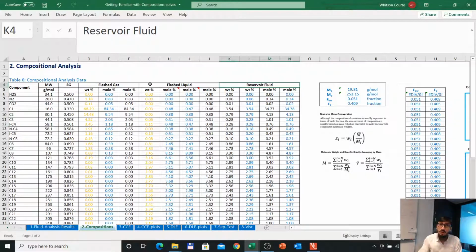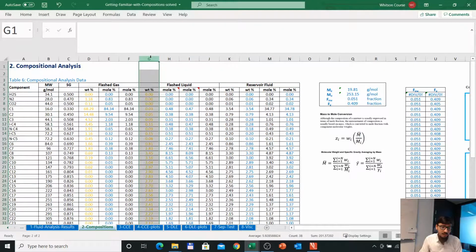through gas chromatography. For the flash liquids, they generally measure the mass fractions. For flash gas, they can measure either mole fractions or mass fractions, but here we are assuming they have measured the mass fraction, for example.